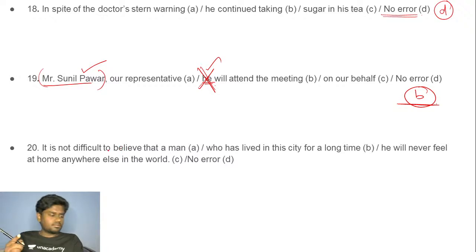I think the 19th and the 20th one are a bit the same. Here, if you see the part C, what is the real error? It is not difficult to believe that a man who has lived in the city for a long time, again the use of he is unwanted here.